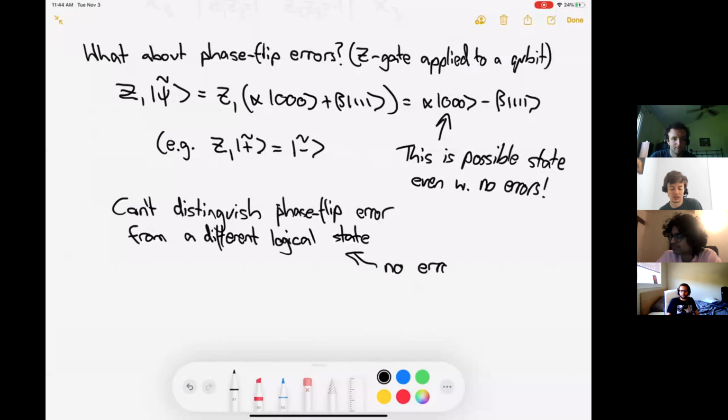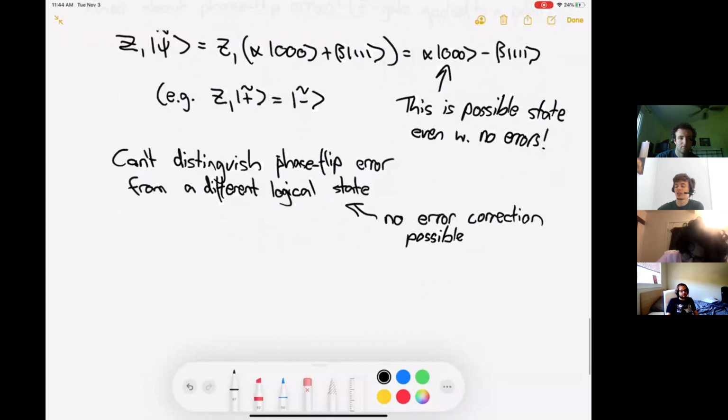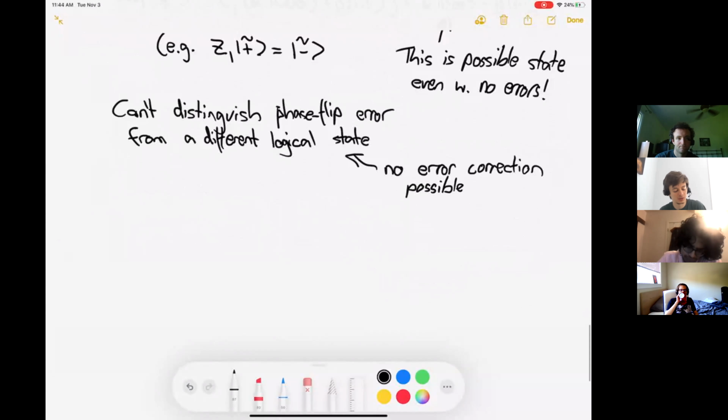And of course, that means that we can't do error correction. So that's not good, but we shall not be deterred. We just need to use a different code.